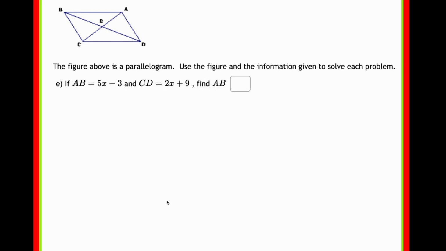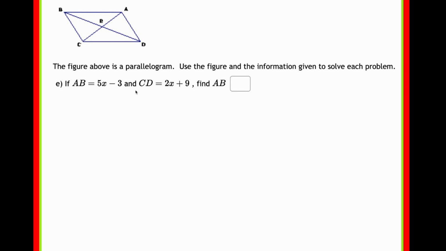Letter E. If AB is equal to 5x minus 3 and CD is equal to 2x plus 9, find the measure of AB, or find the length of AB. So in this particular problem, we're referring to the side AB and CD.